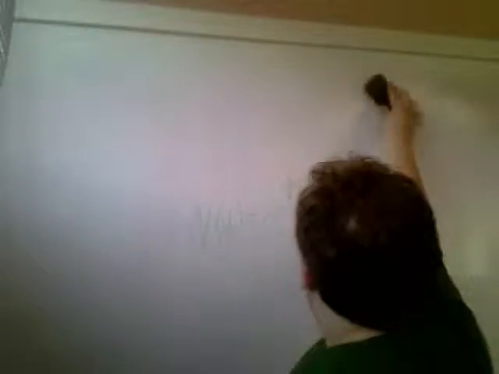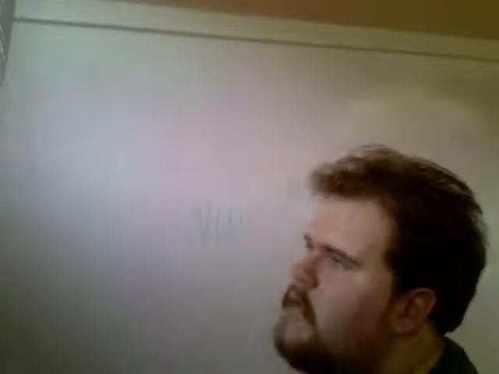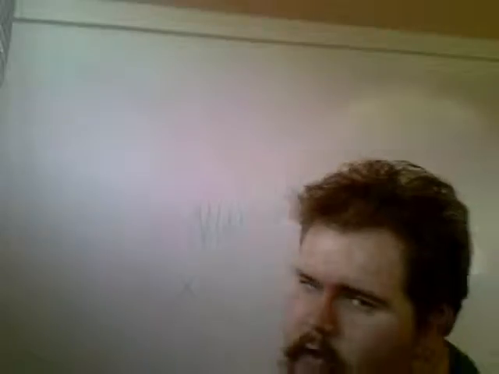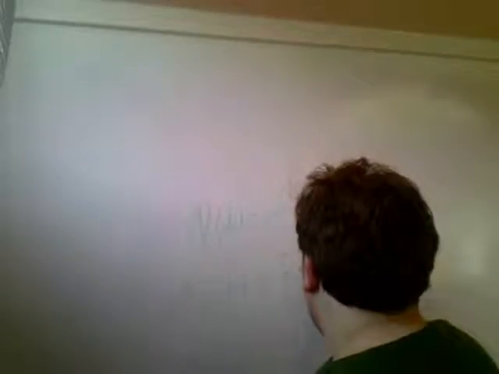Now, one reason for this is that, remember I said there were many definitions for the value of e. The function e to the x, and this is later once we get into the idea of infinite series, e to the x can be defined as 1 plus x plus x squared over 2 plus x cubed over 6 plus x to the 4th over 24 plus x to the 5th over 120 plus, and so on forever and ever.